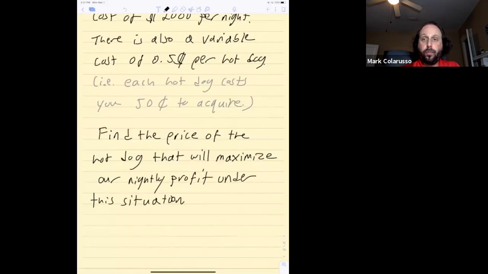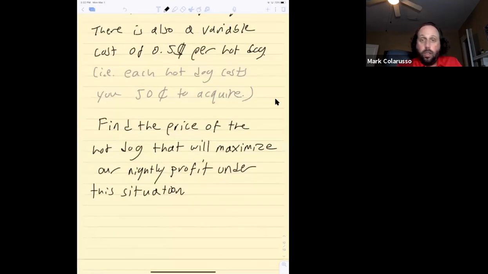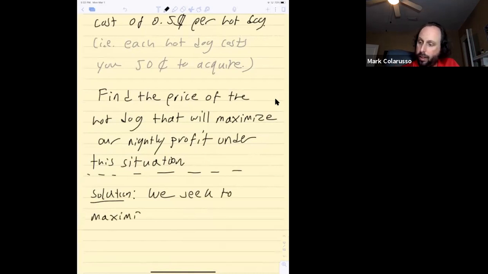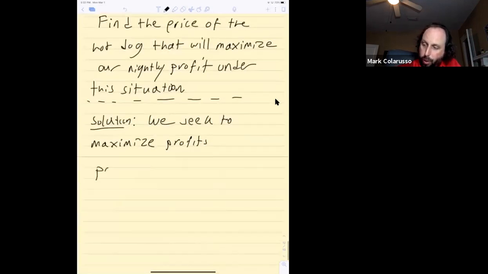Okay, so we know we want to maximize. So here's a solution. We seek to maximize profits, which is the profit function P of X, the revenue function minus the cost function. Now we already found the revenue function earlier.